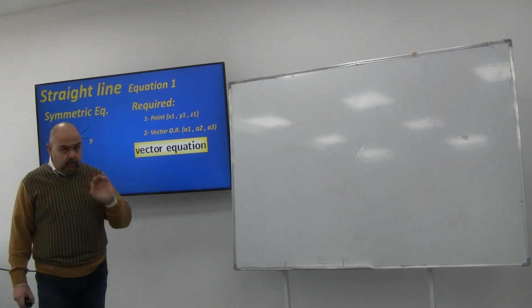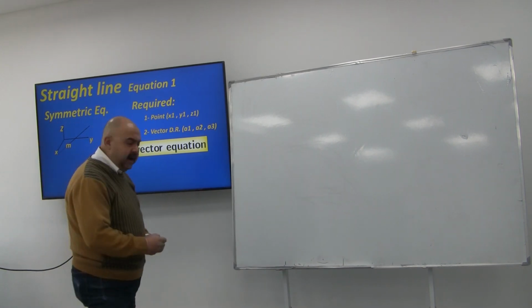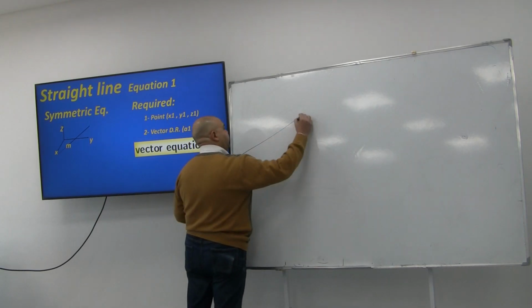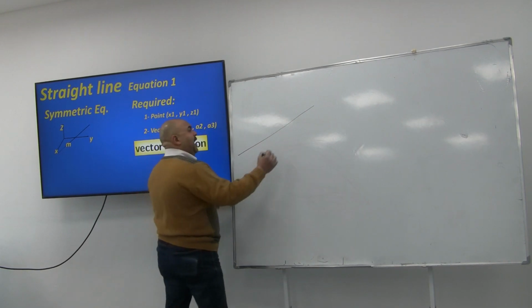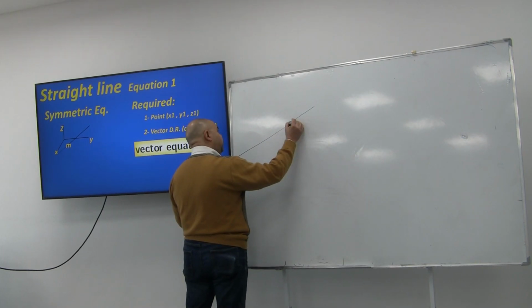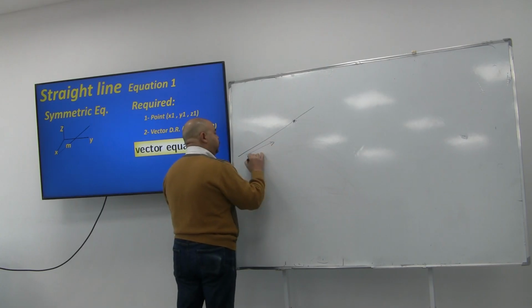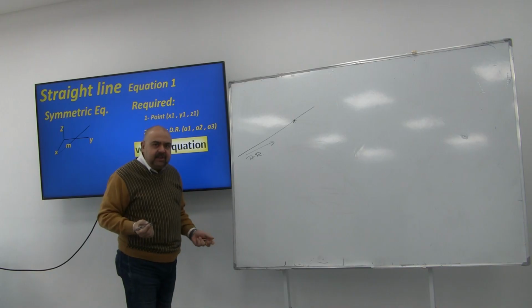So now, once more, if I need to find an equation of a straight line in R3, I will need just one point belonging to this straight line and a direction ratio or a direction vector in the direction of this straight line.